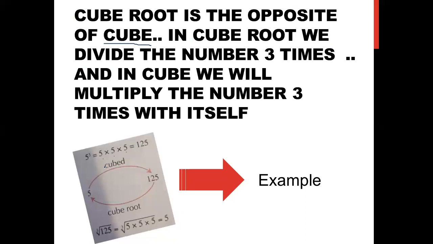Cube root is the opposite of cube, and in cube we multiply the number by itself 3 times. Like here, 5 is the index, and cube is 5 multiplied by 5 multiplied by 5, 3 times. That will become 125, and this is the basic example.